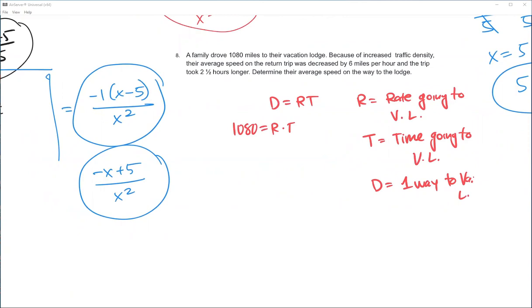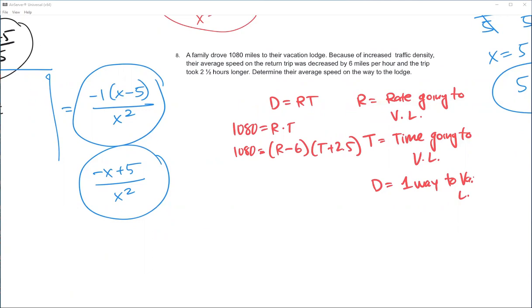There's a lot of traffic. So while there is the same distance of 1080, what happens to the rate? The average rate goes down by 6. And the time increases by 2.5 hours. Any questions on that? That's the hardest part, setting up everything.